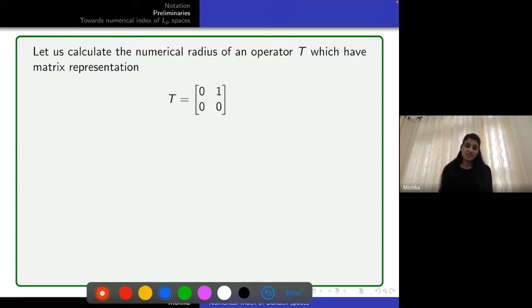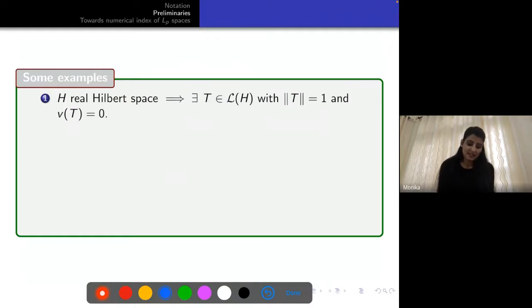Now if H is a Hilbert space, there exists a bounded linear operator T whose norm is 1 and the numerical radius is 0. Whereas if H is a complex Hilbert space, v(T) will be bounded below by 1/2 times the norm of T. And this 1/2 is actually the optimal constant.